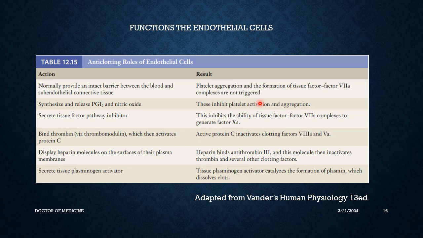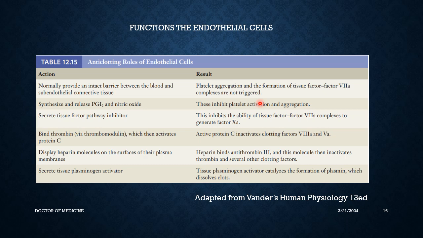Okay, so endothelial cells normally provide a barrier between the blood and the subendothelial connective tissue, which when damaged, provides a conduit between the blood and the subendothelial tissue, which then results in clot formation. Okay, so platelet aggregation and the formation of tissue factor, factor 7 complexes will not be triggered if the endothelial cells are still intact.